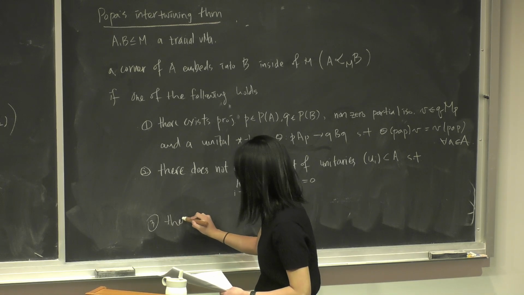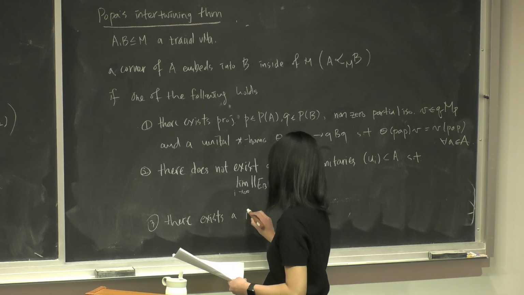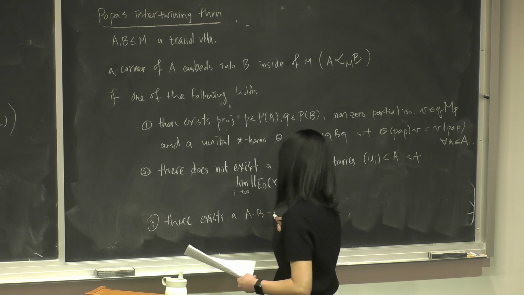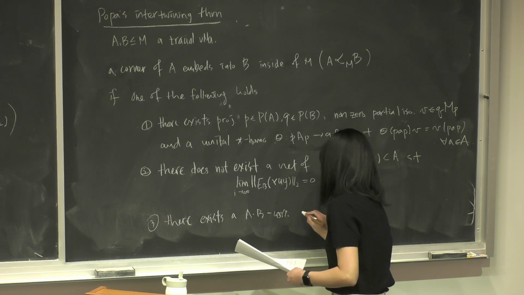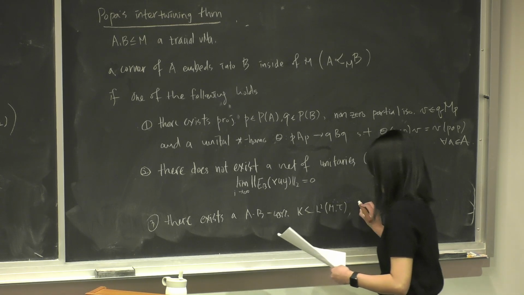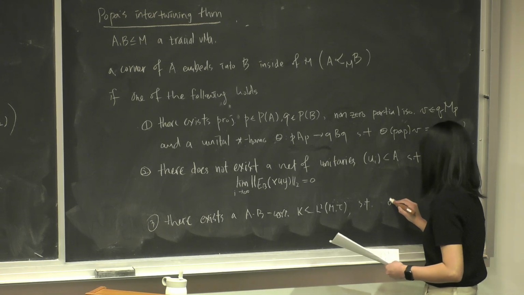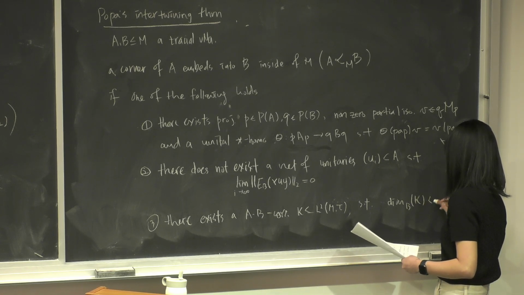And the third one is there exists an A-B correspondence K in L2 of (M, tau) such that it has finite dimension over B.